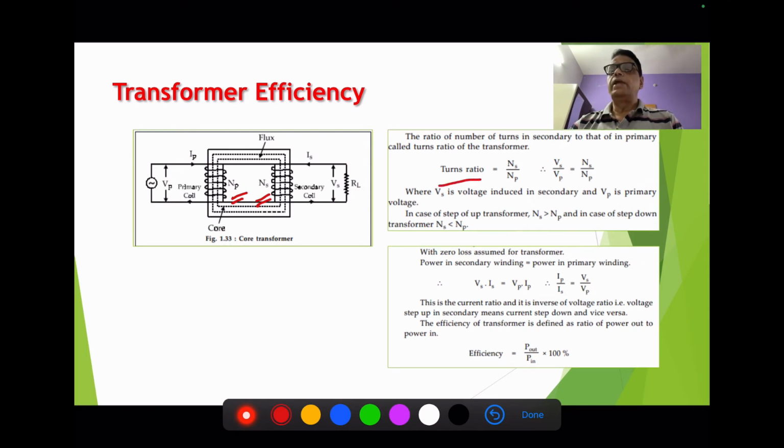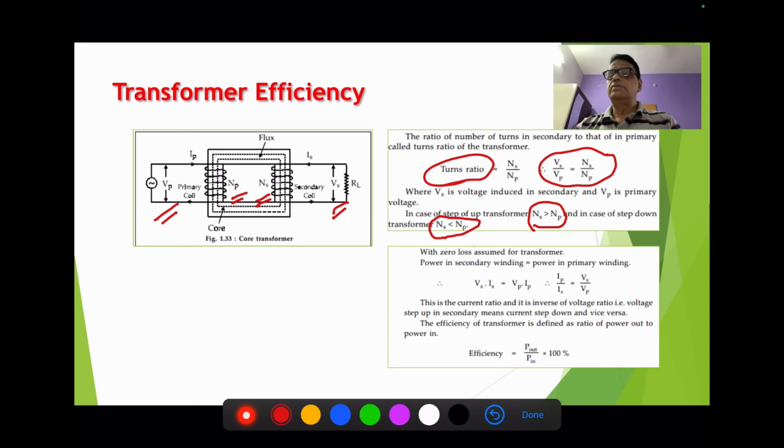Then we can define a ratio called the turns ratio, which is Ns upon Np. If Vp is the primary voltage and Vs is the secondary voltage, then Vs upon Vp is equal to Ns upon Np. So one can easily understand, if Ns is greater than Np, it is a step-up transformer case. If Ns is less than Np, it is a step-down transformer case.